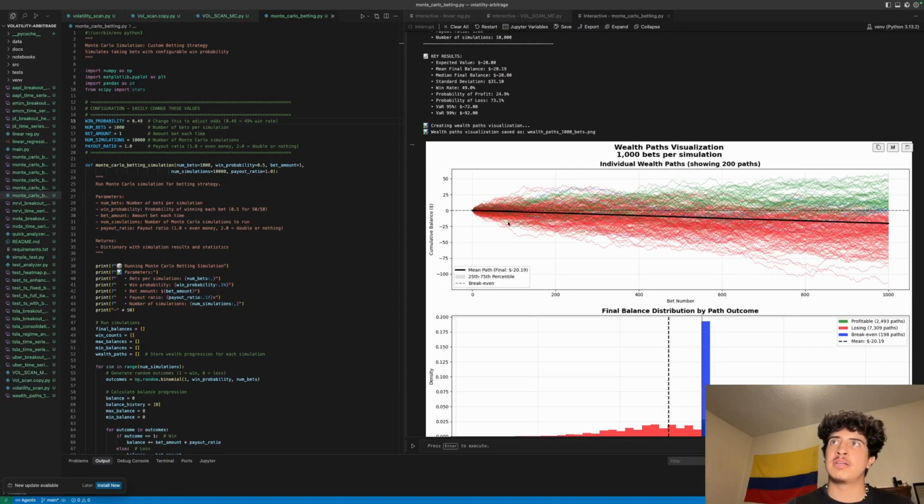Now it's very heavily skewed to the downside, and in the trading world, you have to think about the long run, not the short run. This is only 1,000 bets. Think about 2,000, 5,000, 10,000, 20,000, and so on. If you're running high-frequency trading algorithms, you're trading who knows how many times per second.